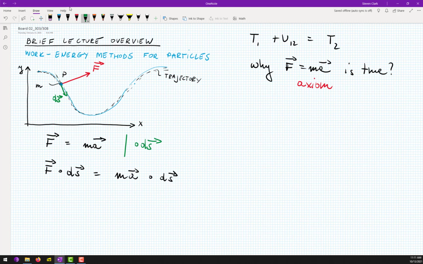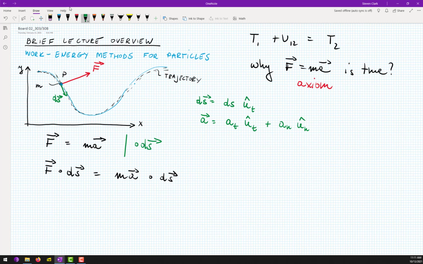I'm just going to remind you what ds is. Based on the picture, you can see clearly that ds is equal to ds u_t, because it has to be tangent to the path. And our acceleration has two components: a_t u_t in the tangential direction, plus the same thing in the normal direction.